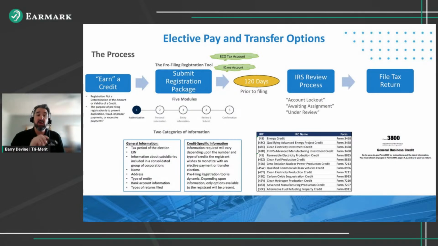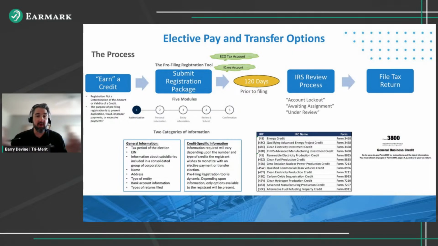Once they say, okay, we have you recognized, then there'll be a form 3800, which is interesting because it's a general business tax credit form. On the tax side, they may understand what a 3800 is. On the not-for-profit side, that's going to be a new form because it has to do with credits. But anyway, it is one of the mechanisms of how you create the credit, flow it up to 3800.